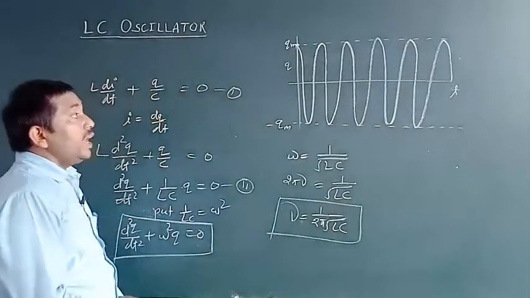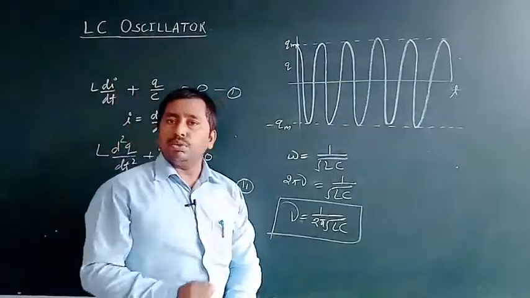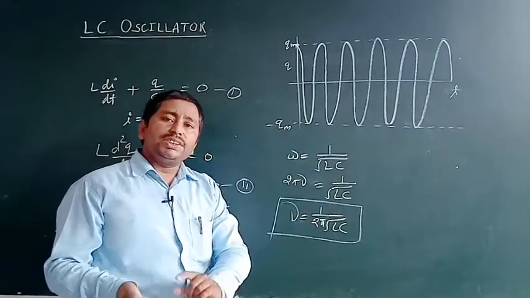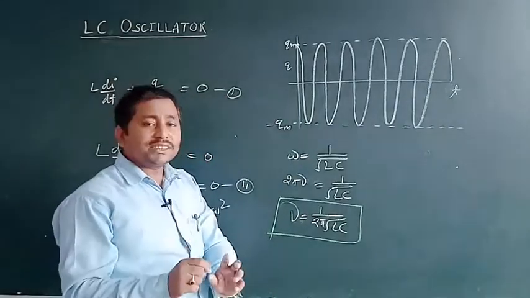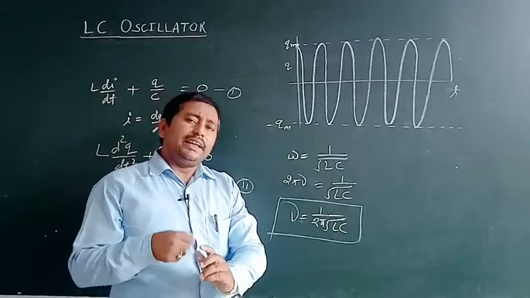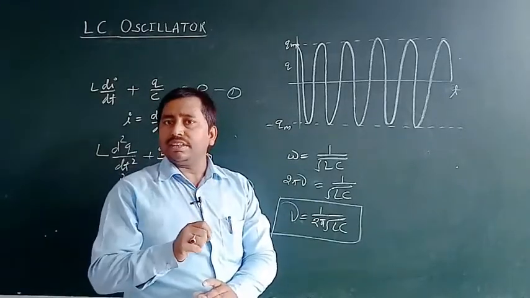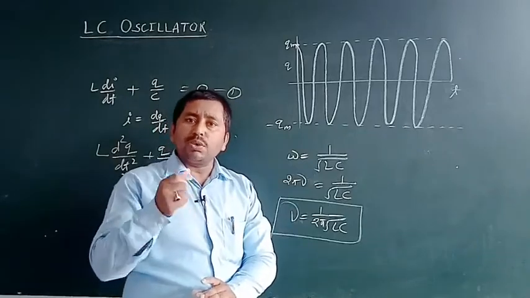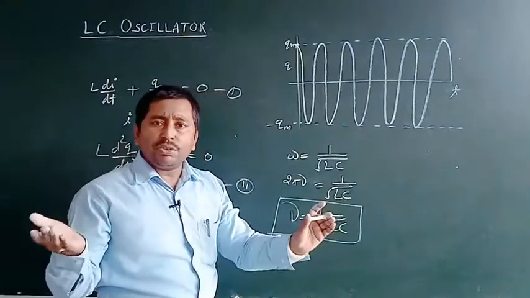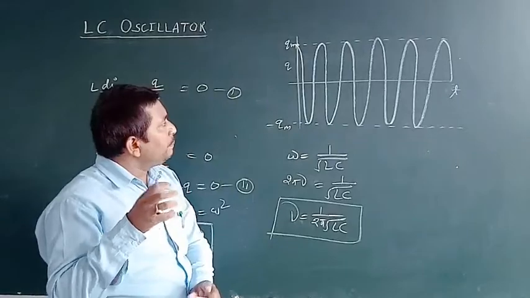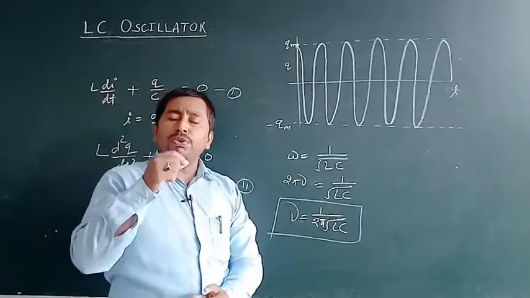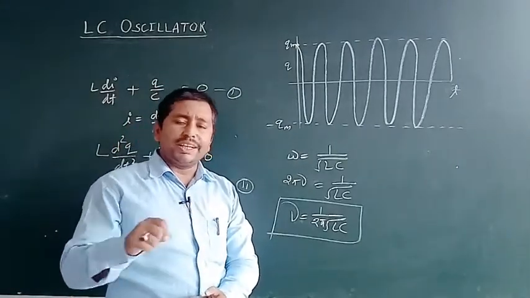Now one thing more. As we know, when charge flows through the inductor, if the inductor is made of some conducting material, then the resistance of the conducting material is non-zero, so some power will be dissipated due to the flow of current through the inductor.